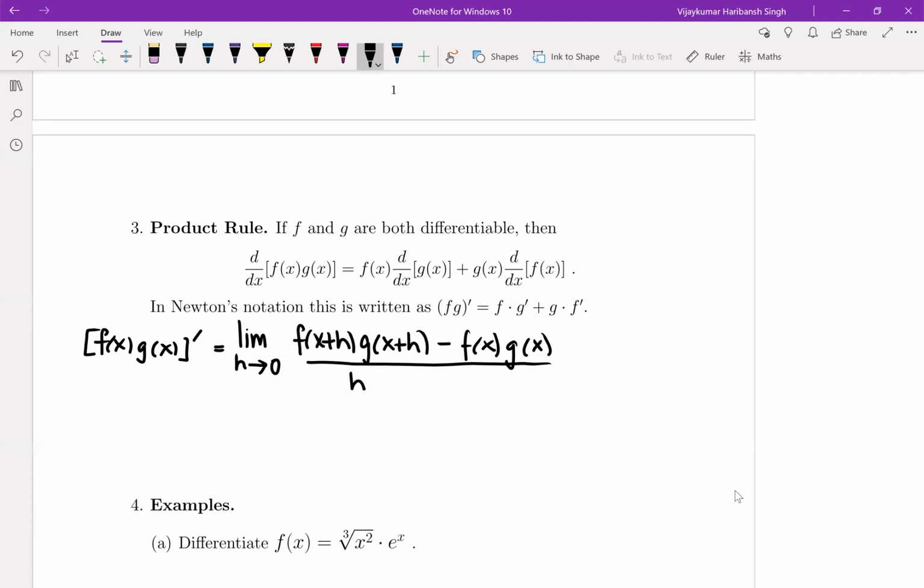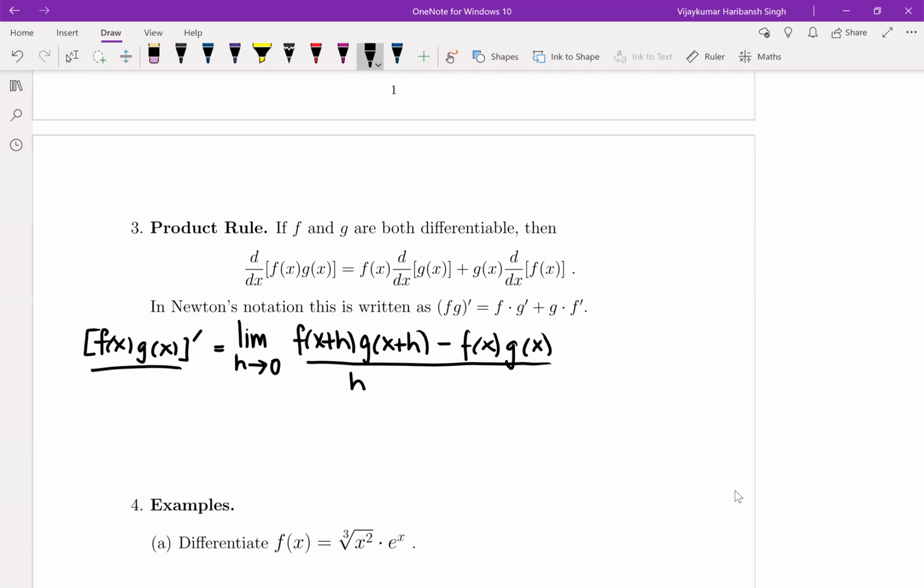But however, this limit does not reflect the derivative of f and the derivative of g. So what we want to do is, not only find an expression for the derivative, we want to find the derivative of f times g in terms of the derivative of f and the derivative of g and the functions f and g themselves.